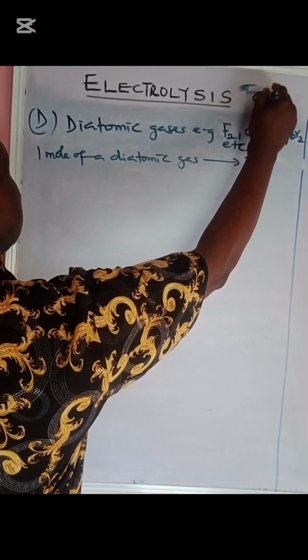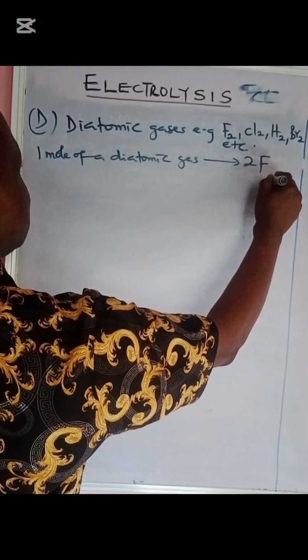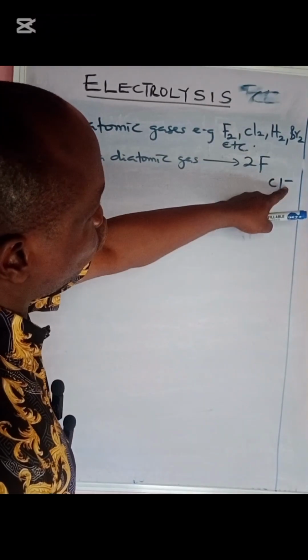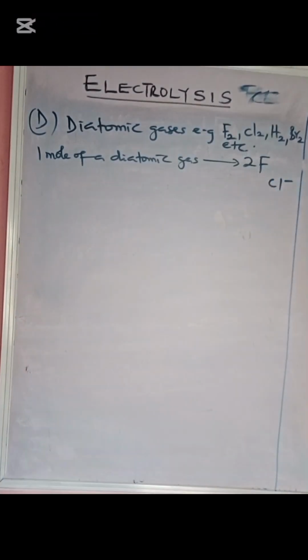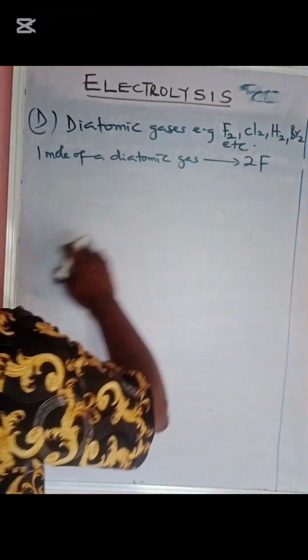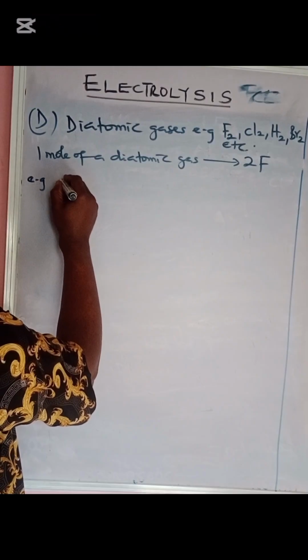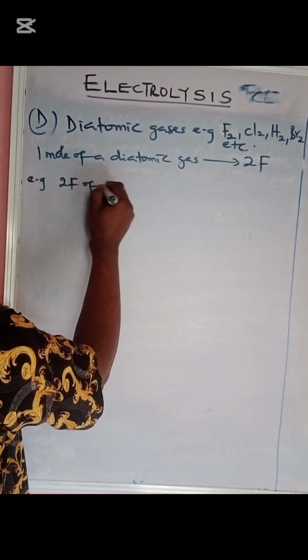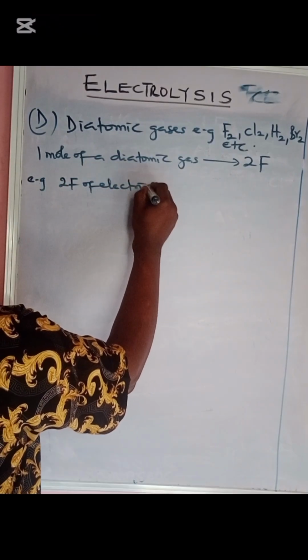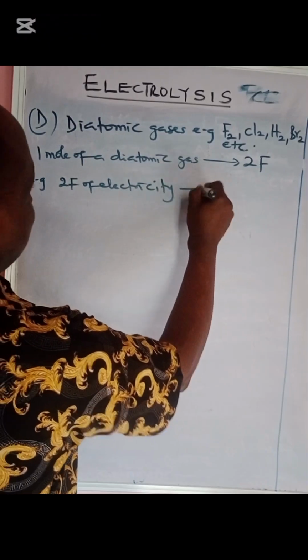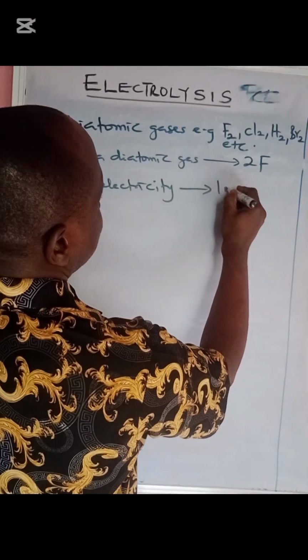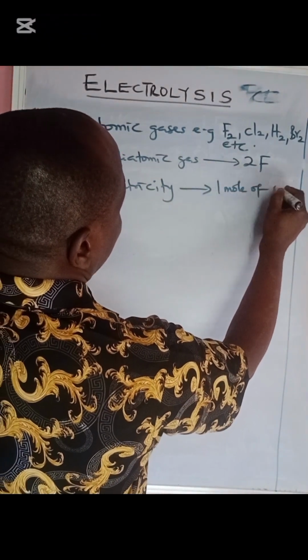Each of these chlorine ions is minus 1. Then you multiply by 2, so that's why we have 2 Faraday. Take note of that. E.g., 2 Faraday of electricity is required to deposit 1 mole of chlorine gas.